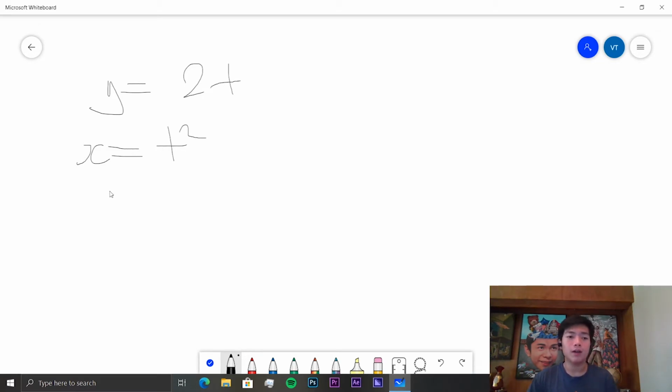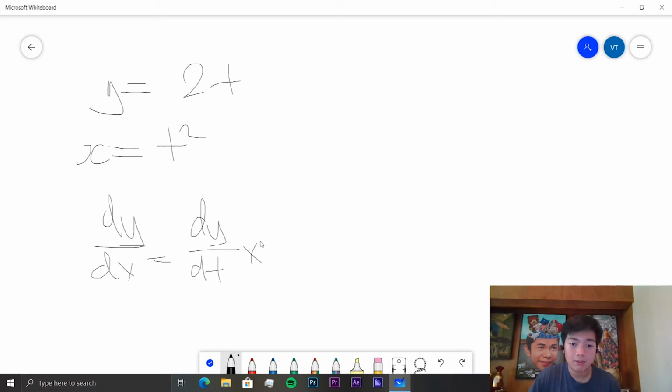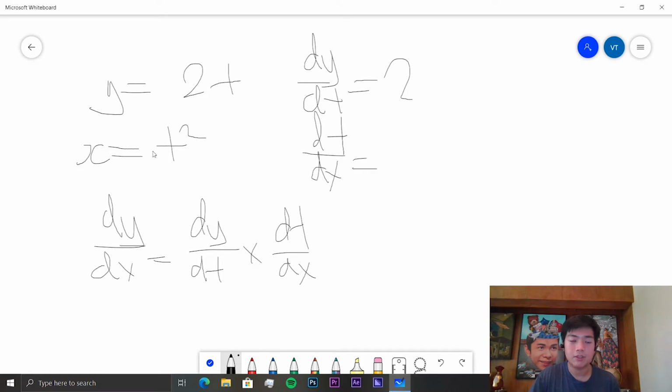So we need to know that dy over dx, of course, is equal to dy over dt times dt over dx. And so if we wanted to differentiate this example parametric equation, well, what's dy over dt? dy over dt is equal to 2, and dt over dx is equal to the inverse of dx over dt.